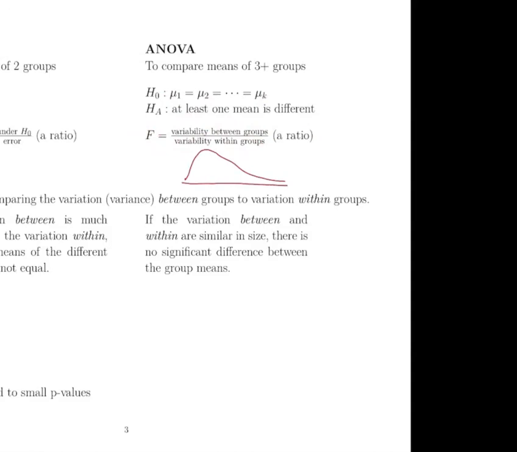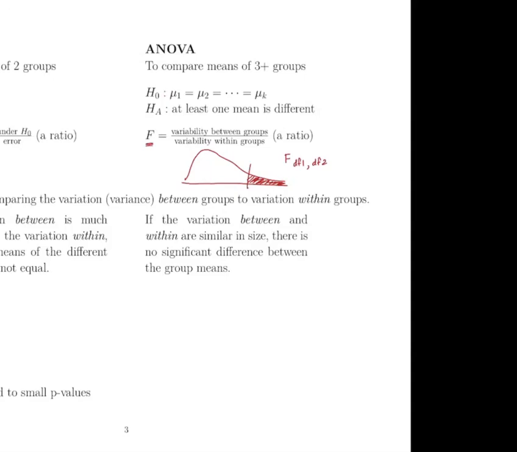Okay. The F distribution is always going to have 2 degrees of freedom associated with it. So there's sort of the first degrees of freedom and the second degrees of freedom. Okay. And whenever we get F statistics, if we want to work out the p-value, the area is always just going to be the area to the right of our test statistic. So we're no longer doing two-tailed tests.